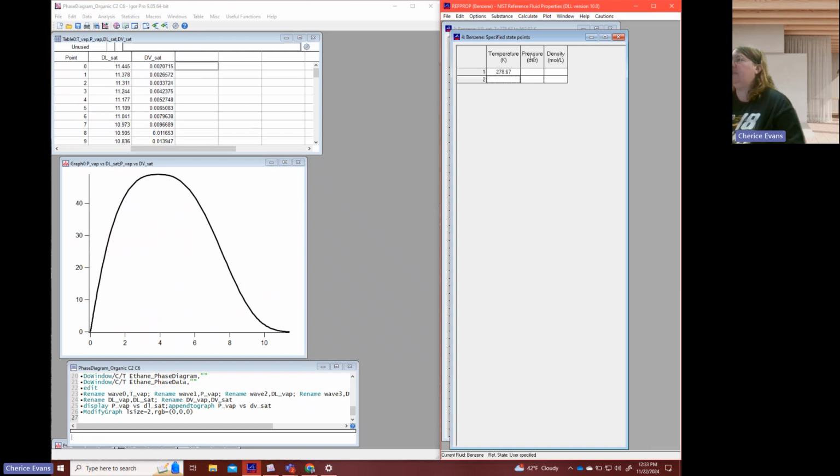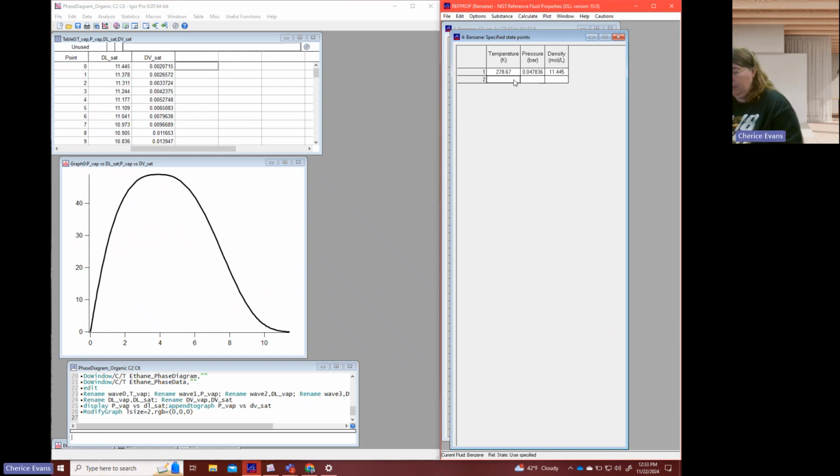That's my triple point temperature. Now my triple point pressure is, we just saw that, 0.047836, and that gives me the liquid density at the triple point.